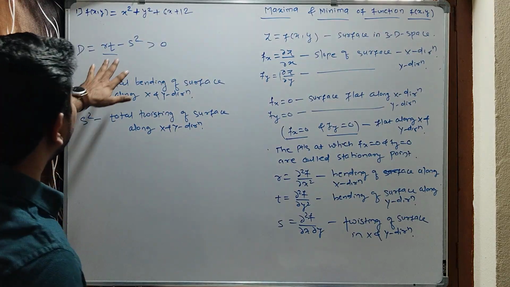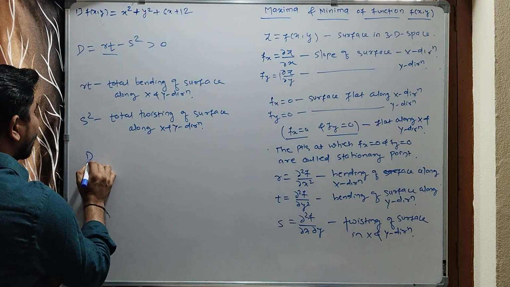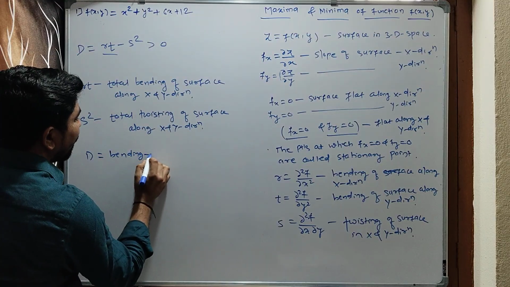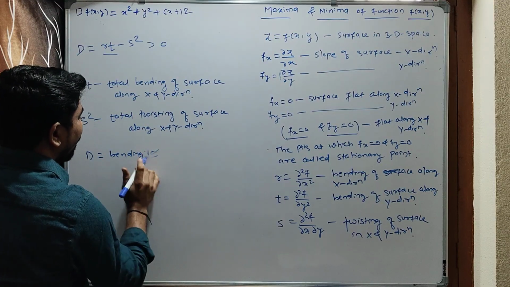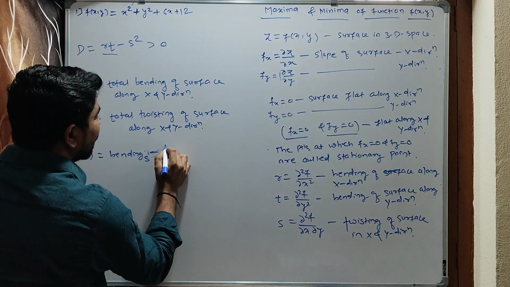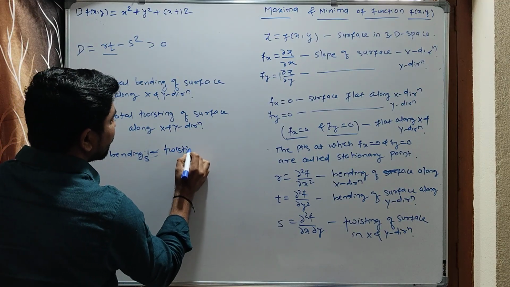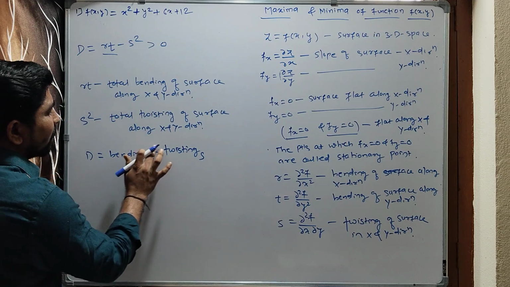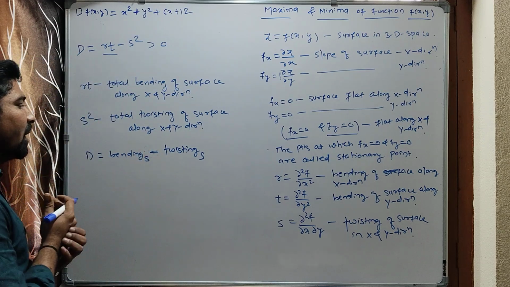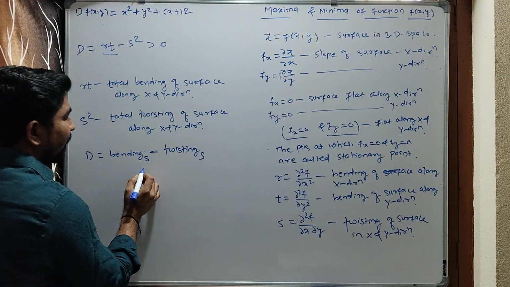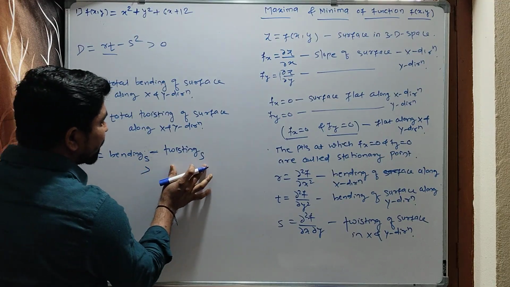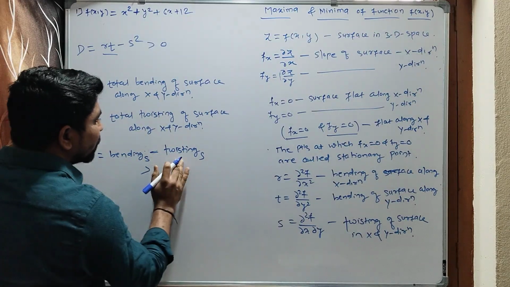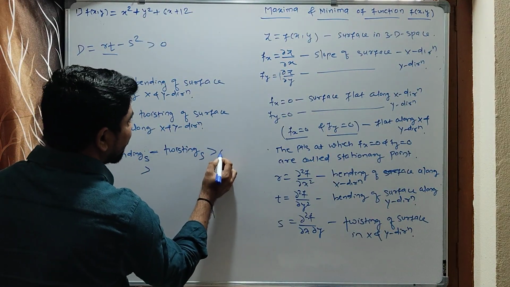Now just observe one thing, the difference between the two. So here D equal to bending of surface minus twisting of my surface. So this difference indicates that if bending is more than twisting, at that time this difference is strictly greater than 0.